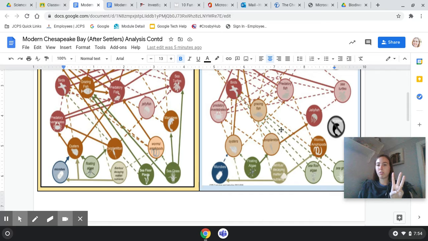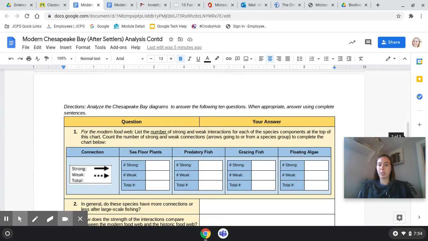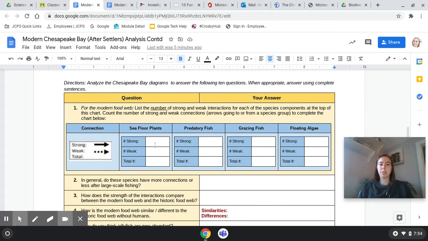So I see a total of 3 arrows leaving seafloor plants and going to other organisms. And all of them are dotted arrows, so they're all weak. So down in my data table, I saw 0 strong, but I identified 3 weak. 0 plus 3 gives me a total of 3 interactions.